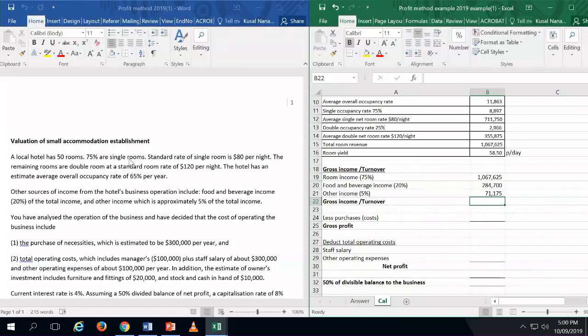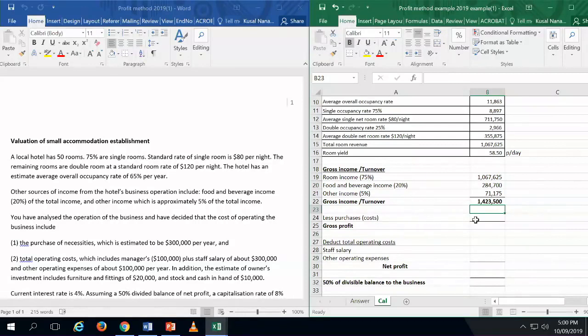Clear? Again, this is a calculation. This is not the profit method calculation, right? Right. Total income. That's the figure we wanted. 1,423,000.